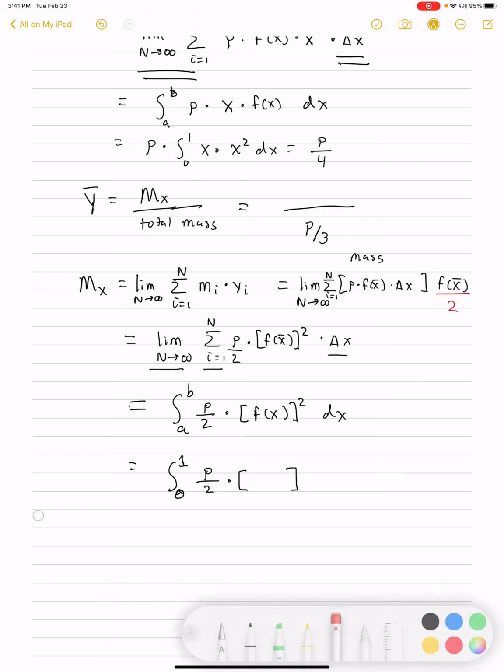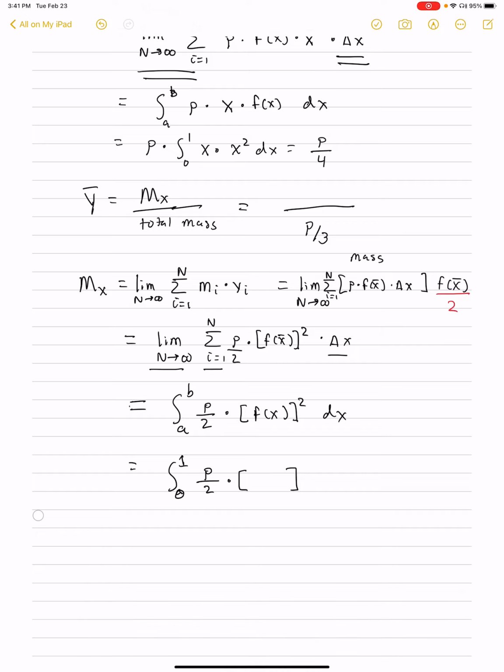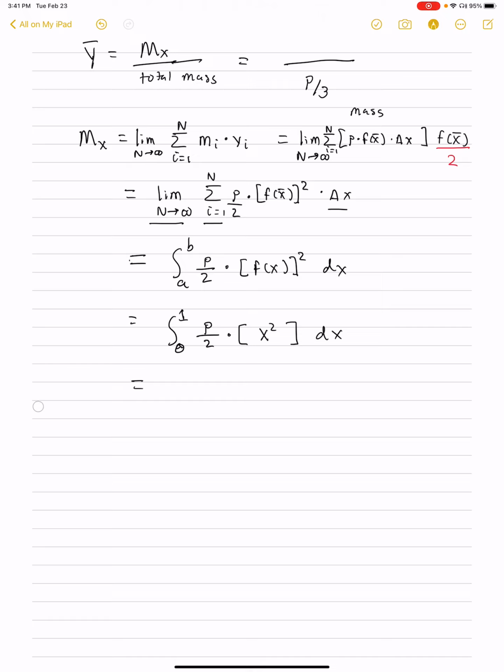And we're just going to have f of x, that's going to be x squared multiplied by dx. And this will evaluate to be rho over 2, integral from 0 to 1, x to the 4th, because that's squared, dx. And this will be rho over 2 times 1/5. So this will be rho over 10.